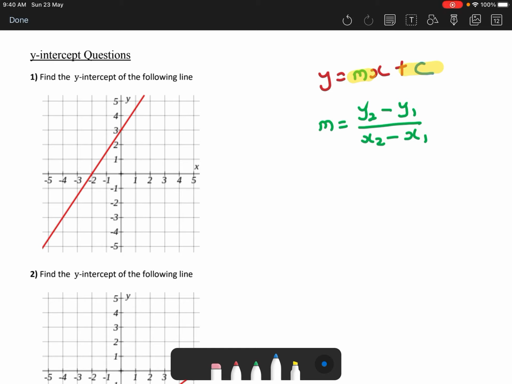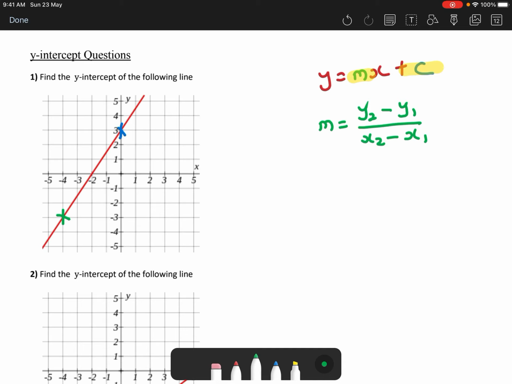Alright, so every time we want to find a gradient, we always locate 2 points, any 2 points that you are interested in. So let's just say for this, I locate this point and this particular point. When I locate the 2 points, next I will identify what is point 1 and what is point 2.